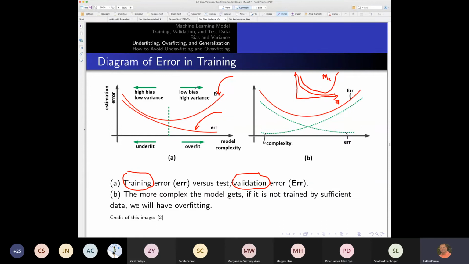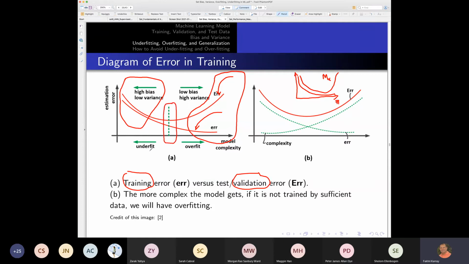So going this way, we have low bias, but high variance. This region is not a good region of the model. This region, where you have high testing error and training error, is also not a good region for the system. This is a good region.